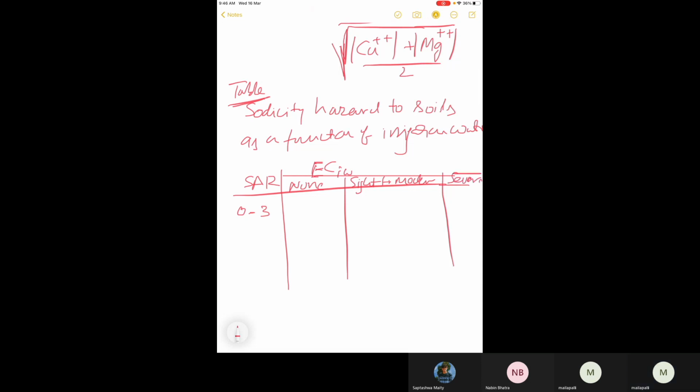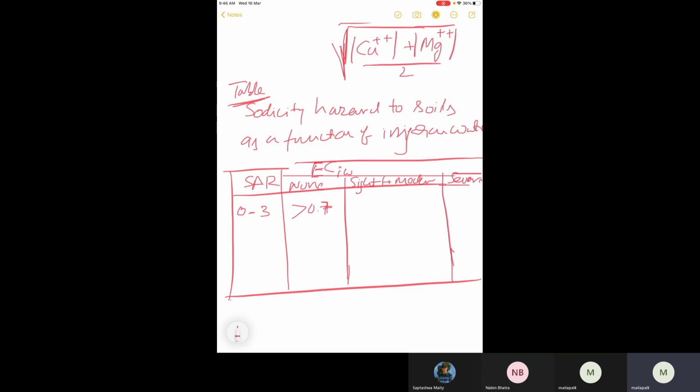This is the degree to which we are talking about whether this particular condition is hazardous to the plants or not. So if the SAR value is 0 to 3 and the irrigation water electrical conductivity is more than 0.7, then that's called none. So you're good to use that irrigation water.